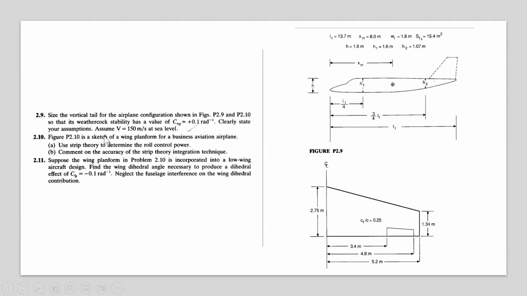Clearly state your assumptions, and V can be taken as this value. So the aim is to compute the dimensions of the vertical tail such that the C n beta of this aircraft is plus 0.1, and the wing planform area is given here for this aircraft.